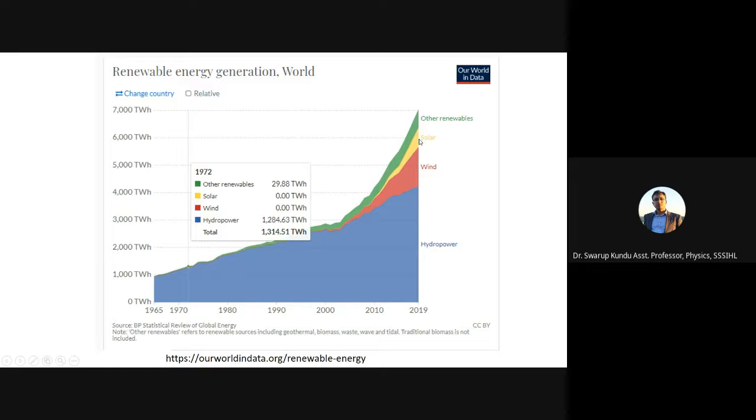If you see just the solar one, this yellow represents solar energy in a particular year. It starts around 2010, when it was almost nothing, and you can see how it is increasing. In 2020, it has a significant share in renewable energy. And if you see the overall growth of solar energy over time, it is exponential.